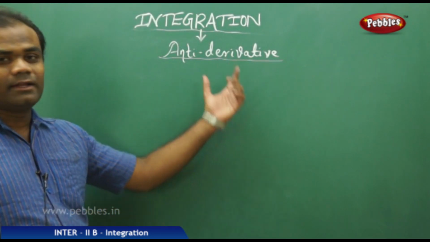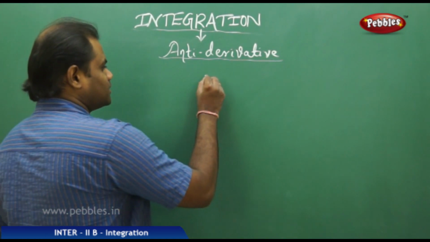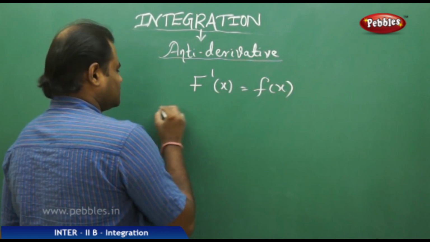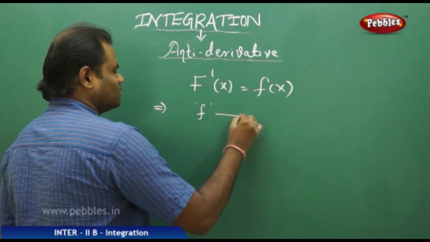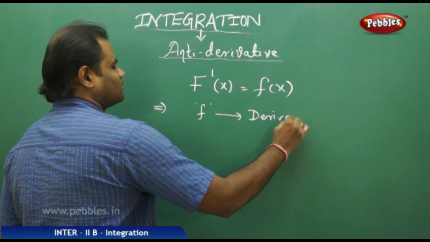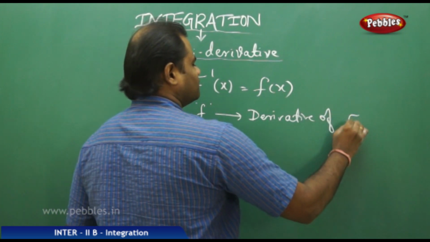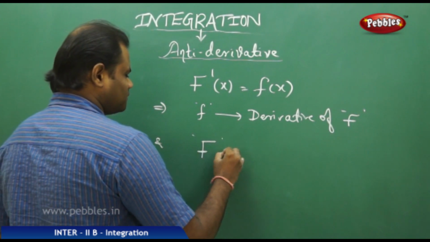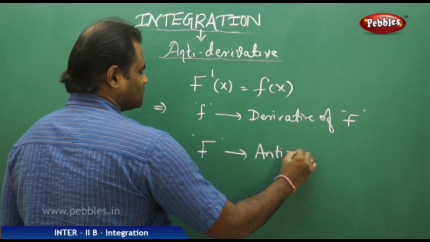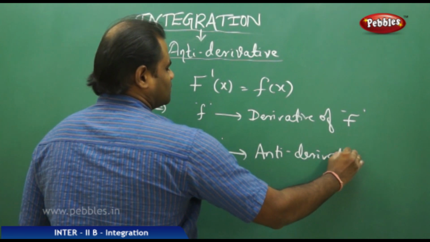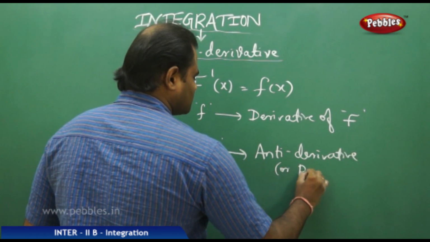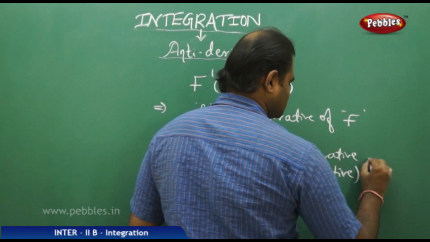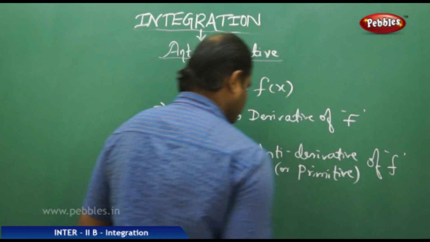So, let's define the antiderivative of the function. That is, if F dash x is some f of x, that implies f is called the derivative of capital F, and this capital F is called the antiderivative or primitive of f.